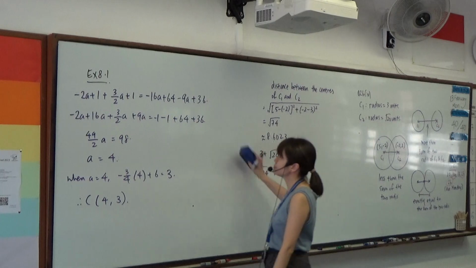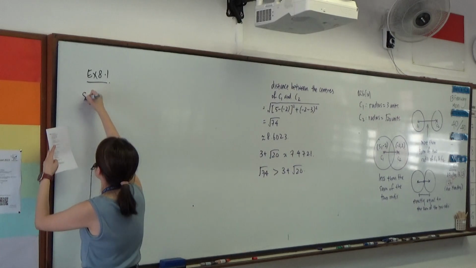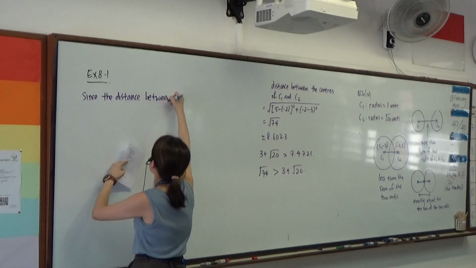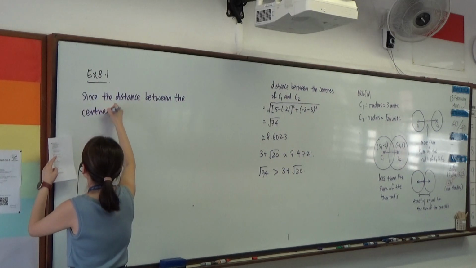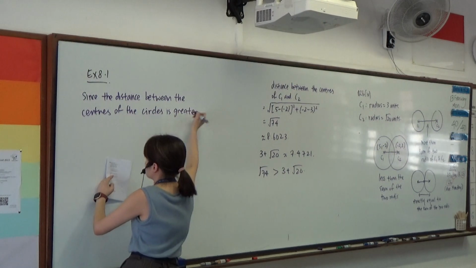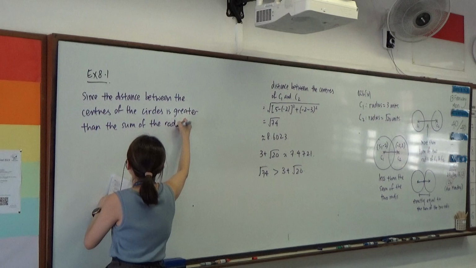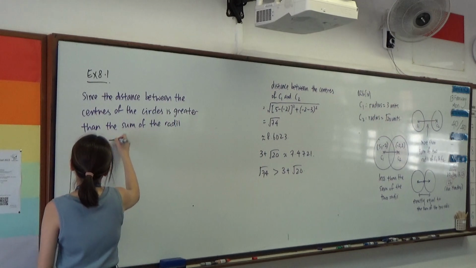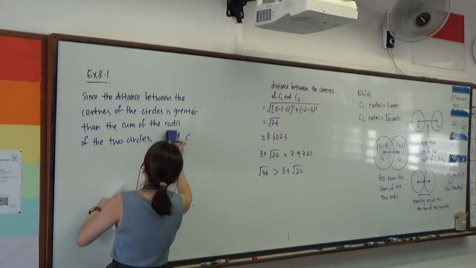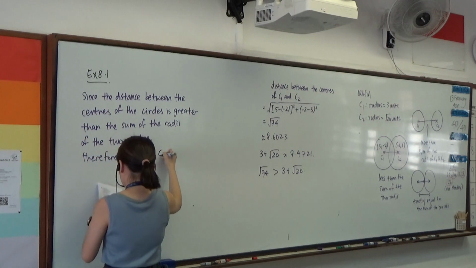So we explain that since the distance between the centers of the circles is greater than the sum of the radii, then therefore C1 and C2 do not intersect.